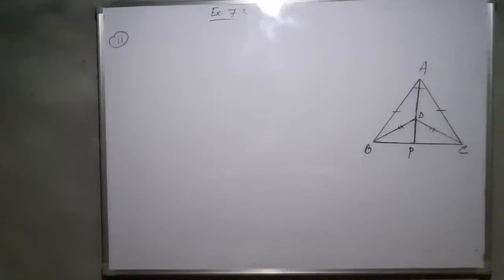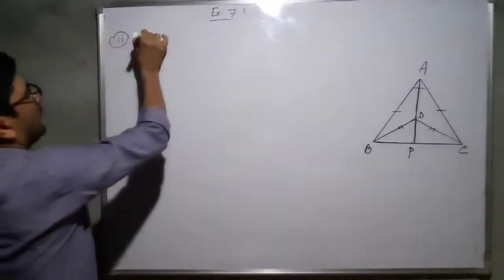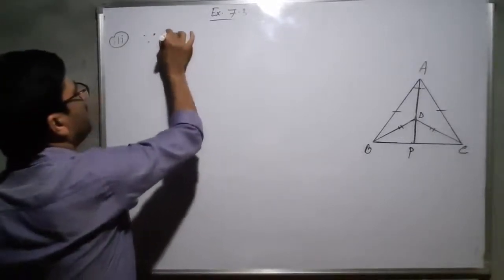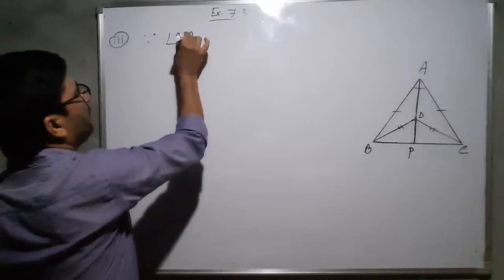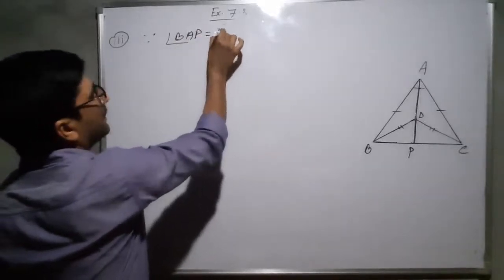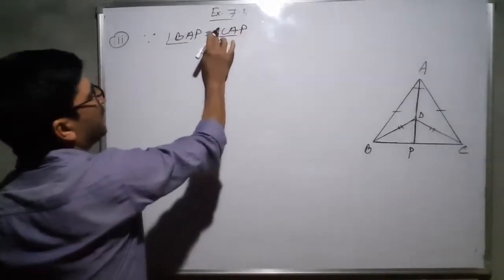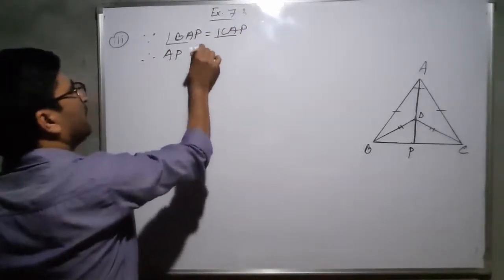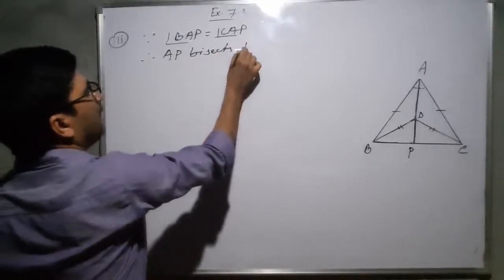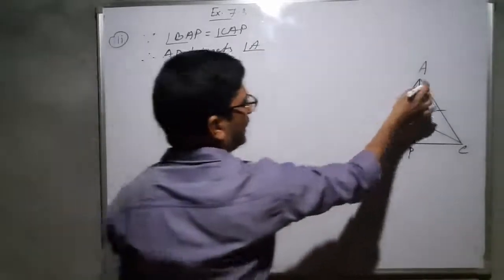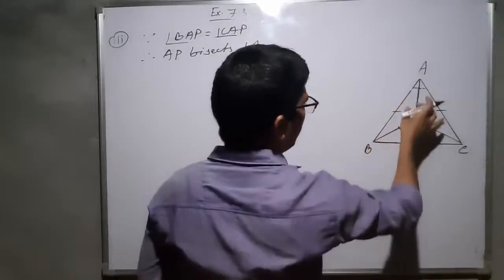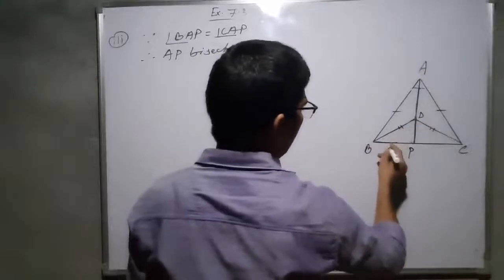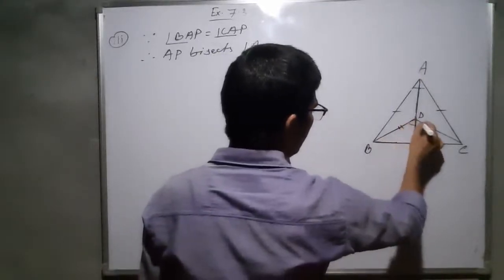The third one is very simple now. Since we have got that angle BAP is equal to angle CAP, this means therefore AP bisects angle A. If these two angles are equal, that's why AP bisects this angle A. Again, to prove AP also bisects angle D, we have to prove these two angles are equal.